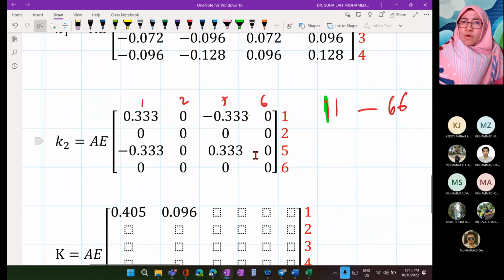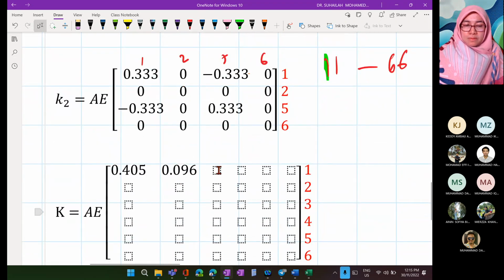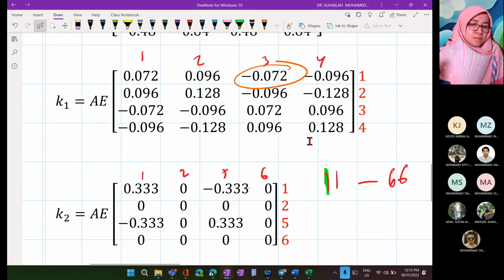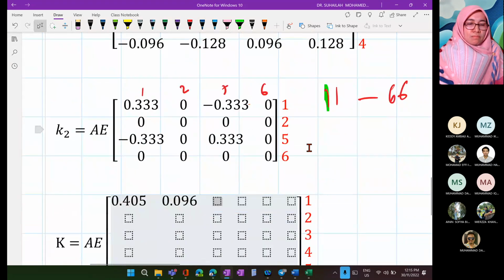So what is the value for 1, 3? Again, what is the value for 1, 3? Negative 0.072.